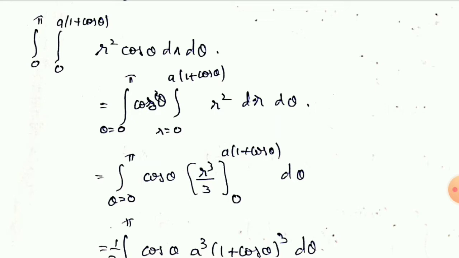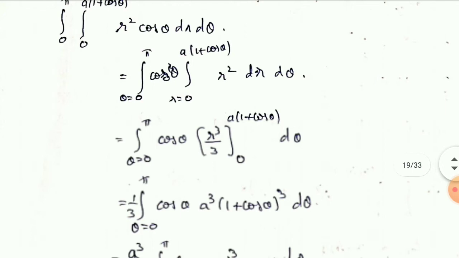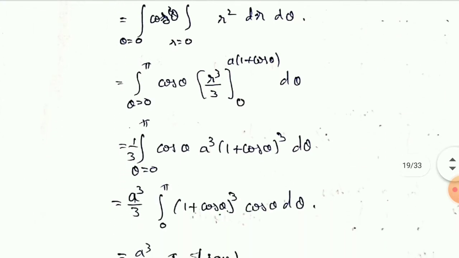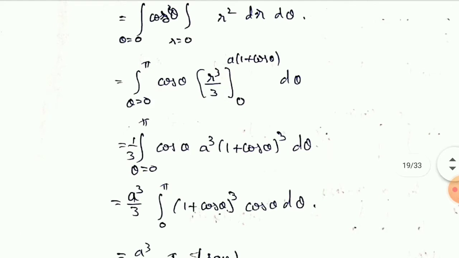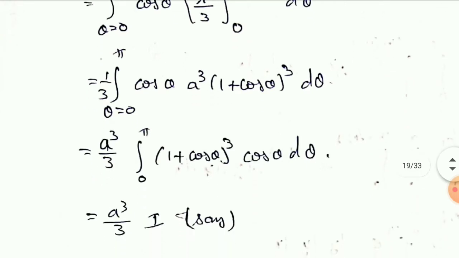Cos theta is constant and the integration of r square is r cube by 3, substituting the limits 0 to a into 1 plus cos theta, and the remaining is d theta. Substituting, we get a cube into 1 plus cos theta whole cube by 3. That 1 by 3 is a constant, you can take it out of the integral. So finally a cube by 3 integral 0 to pi, 1 plus cos theta whole cube into cos theta d theta.